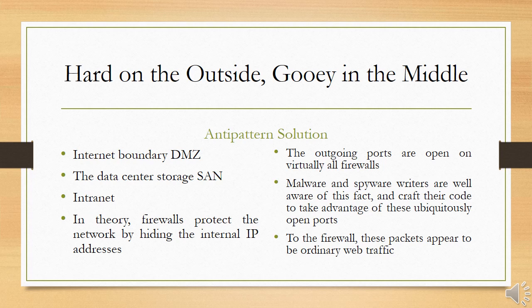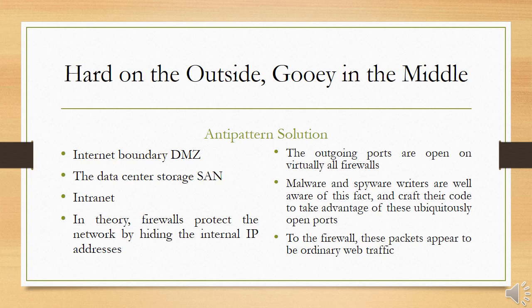In practice, most packet traffic is concentrated on very few outgoing ports, primarily 53, 80, and 443. These correspond to the domain name system, HTTP, and HTTPS protocols, which are the core protocols of the World Wide Web. These outgoing ports are open on virtually all firewalls.